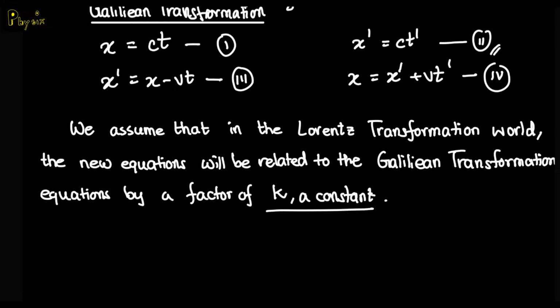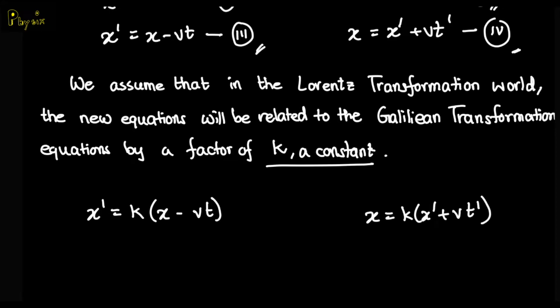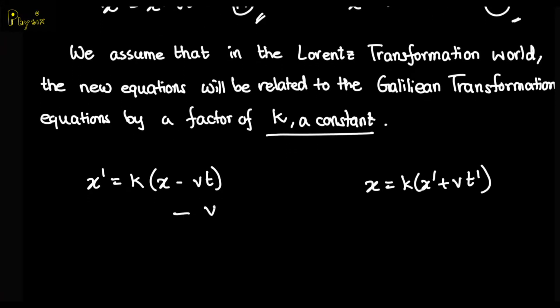Now, taking these into consideration, that factor k can be written down as equation 3 and 4: x prime is equal to k, x minus vt, and x is equal to k, x prime plus v t prime. This will be our equation 5 and equation 6.